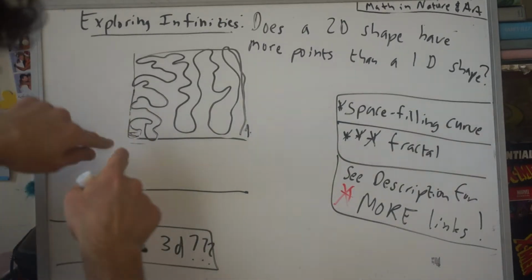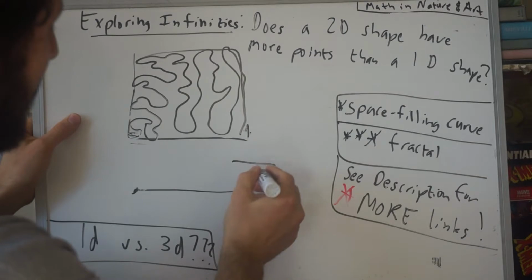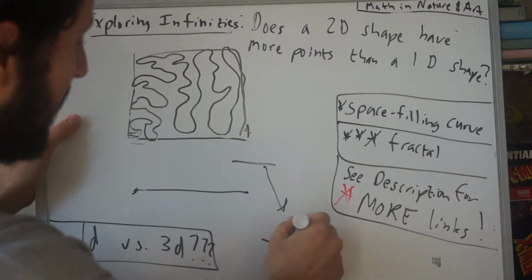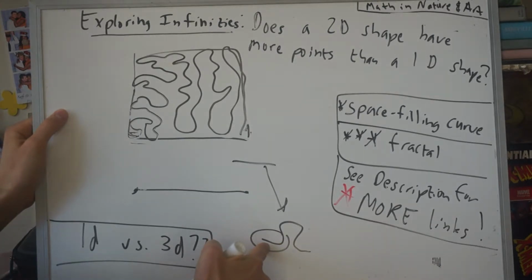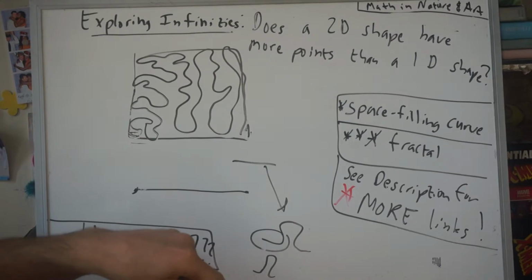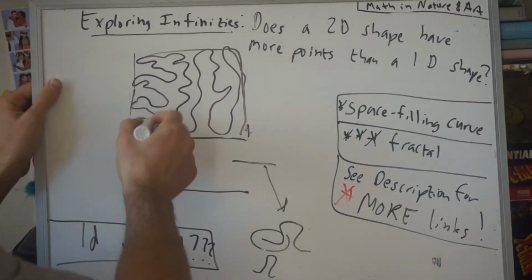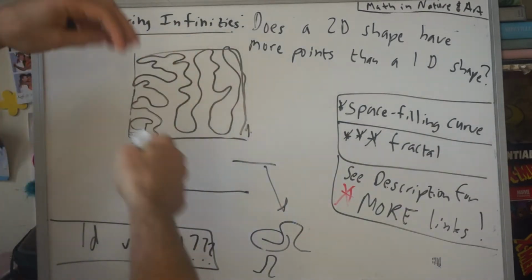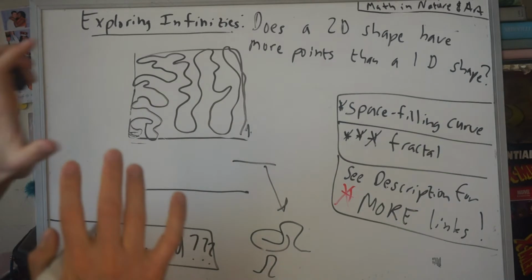If you were to zoom in on this tiny little segment, you'll see that segment in itself is going to be something else. Now, you might say, oh, but I found it, here it is. If you zoom into this, you'll find that again it is not a completely straight line. So in this devilish clever way, we're going to create this super packed curve that's going to hit all of these points.